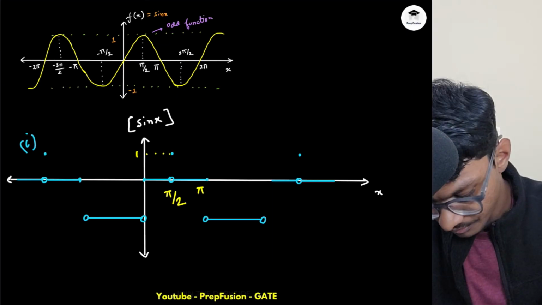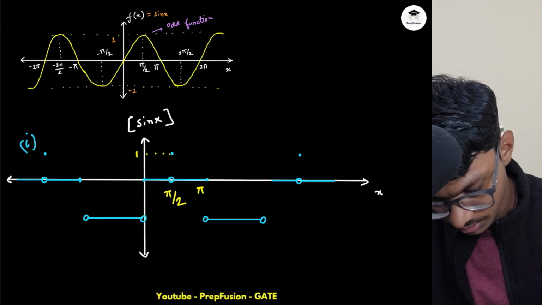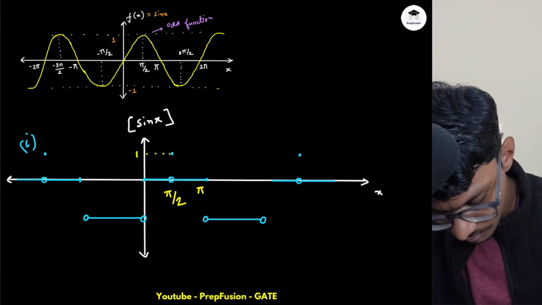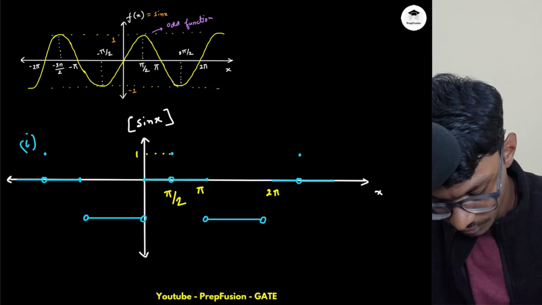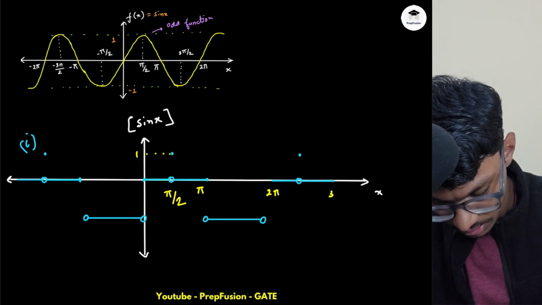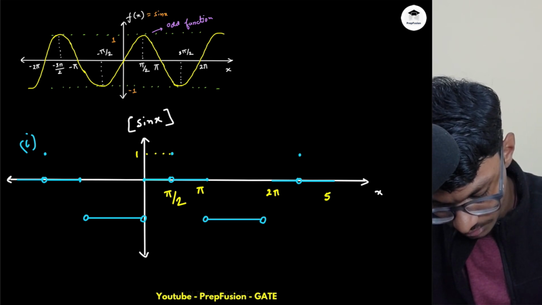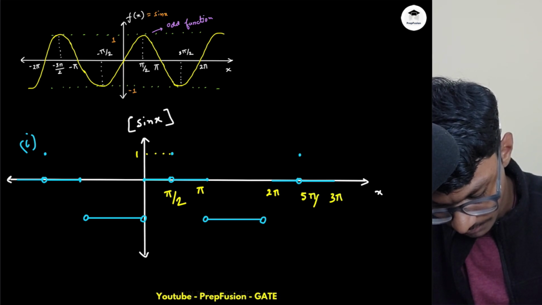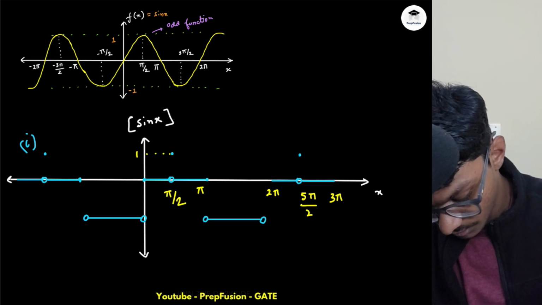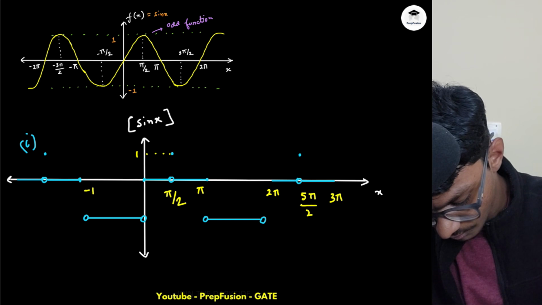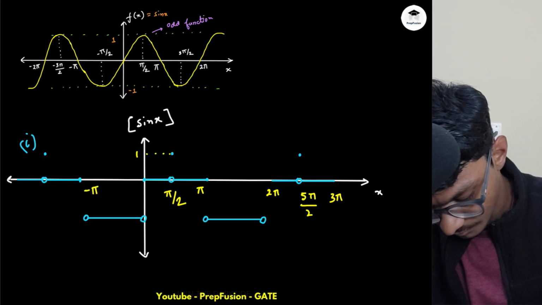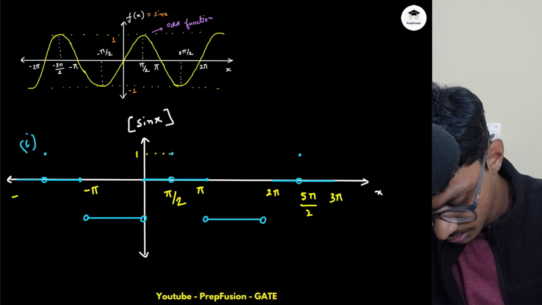So this is basically 2 pi, one complete cycle. Again, this is 5 pi by 2, not this. This is 3 pi only, and this is 5 pi by 2. Okay, so now this is minus pi, and this is minus 2 pi.